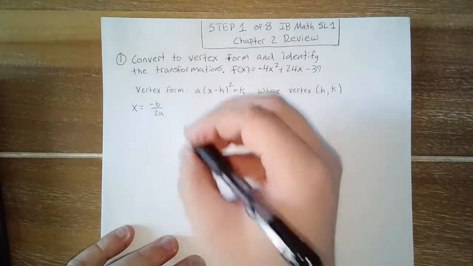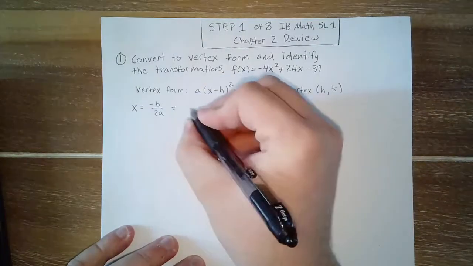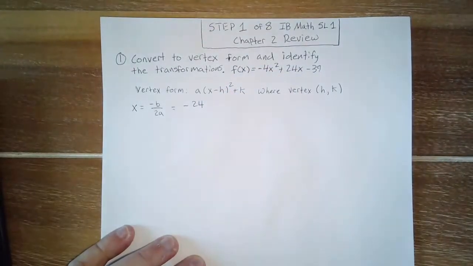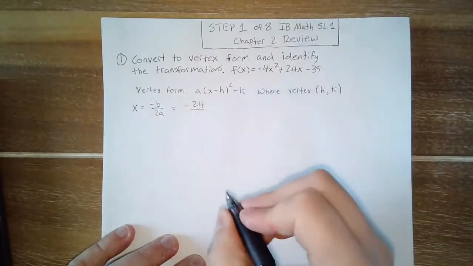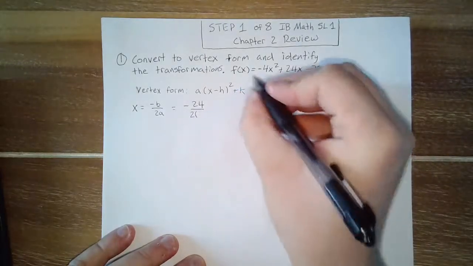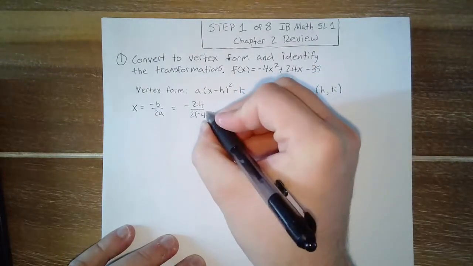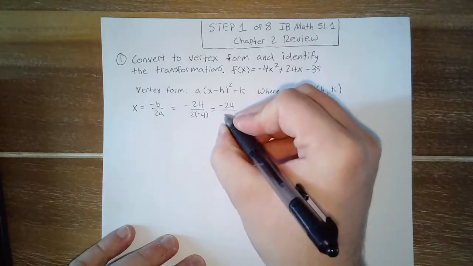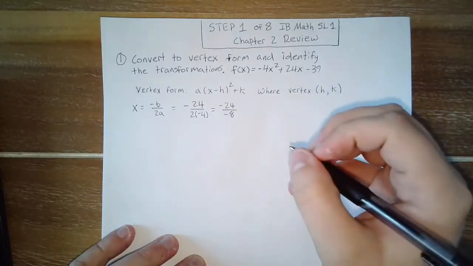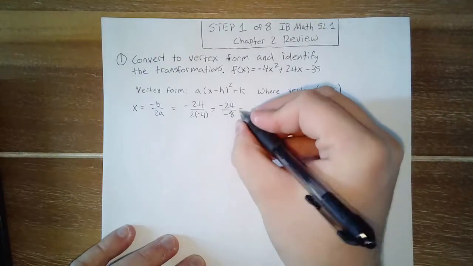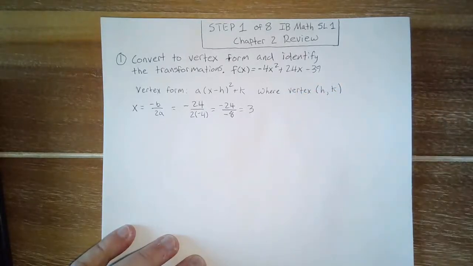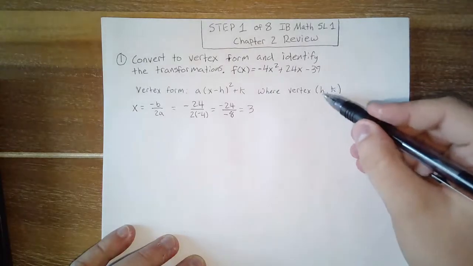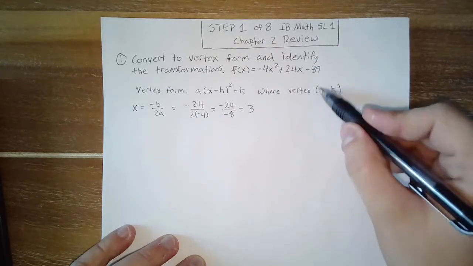The opposite of 24 is negative 24, divided by 2 times a, and a is negative 4 in this case. That's going to give me negative 24 divided by negative 8, and that is positive 3. So that's going to be the x value of my vertex, and in our case here, that's the same thing as h.